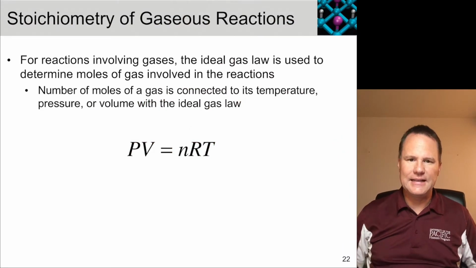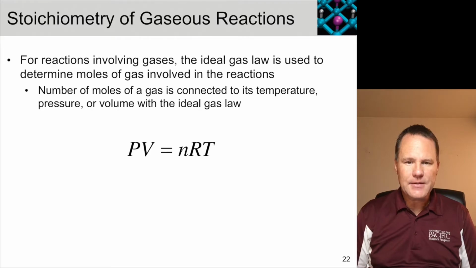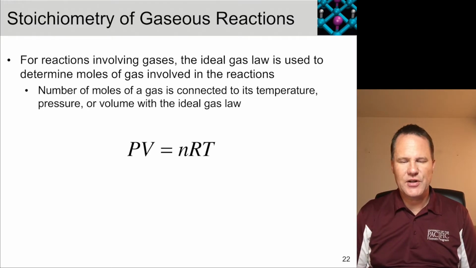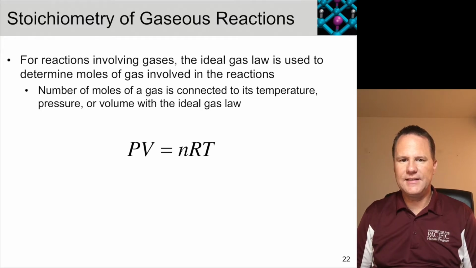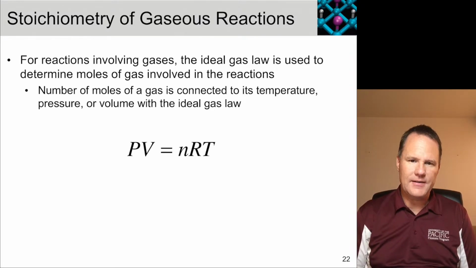We also did some calculations involving aqueous solutes, things that are dissolved in water or something else, but typically water. And there we use the concentration and the volume of the solution to get the moles.